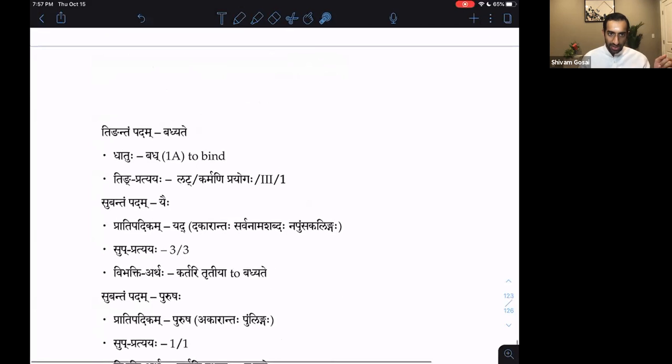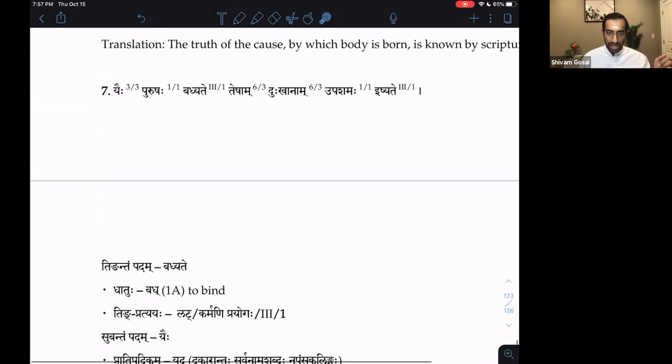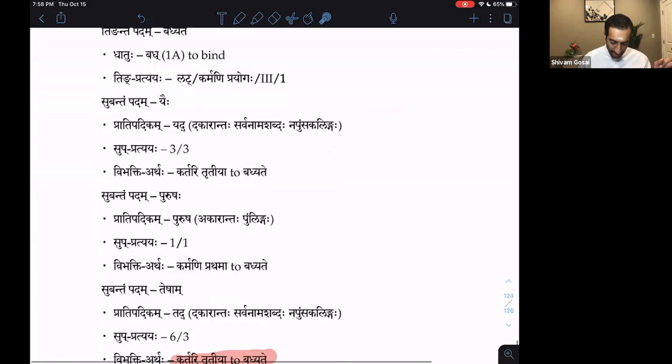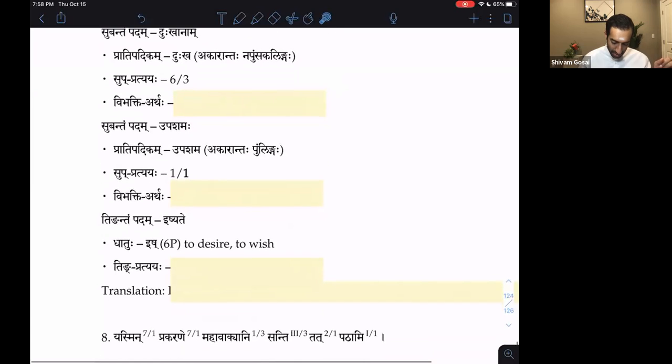Okay, so now let's look at the second phrase. Teshaam duhkhaanaam upashamatha ishyate. So we pick up the verb ishyate. Ishyate, ish dhatu, 6p, to desire, to wish. Notice atmanepada and yak.